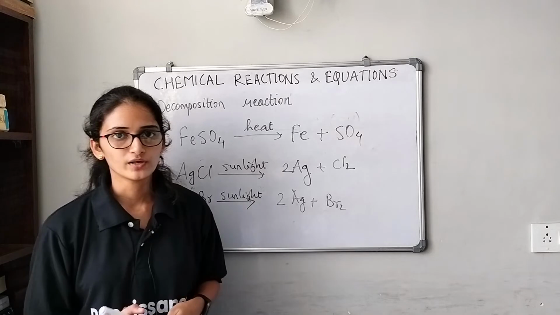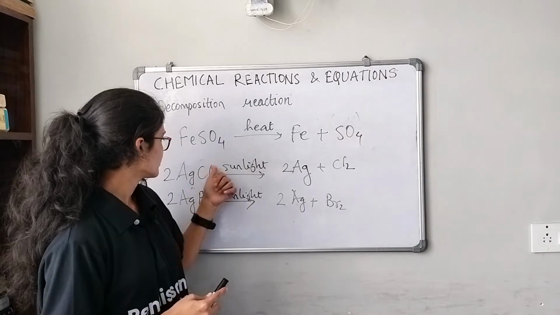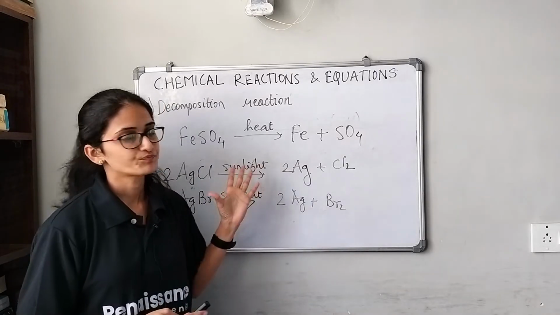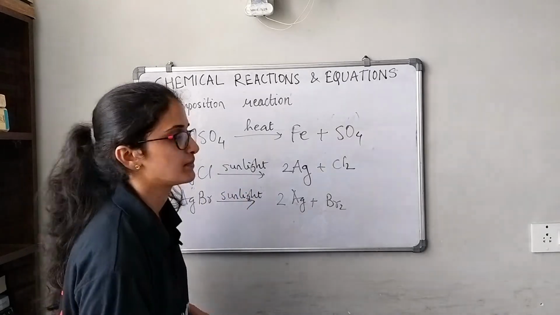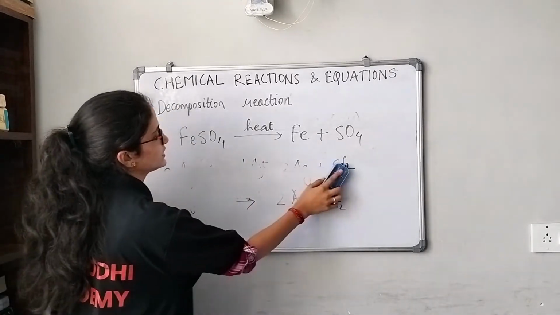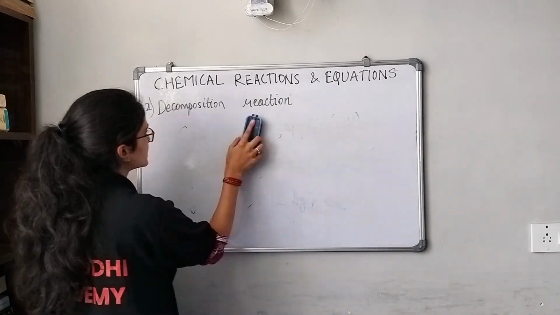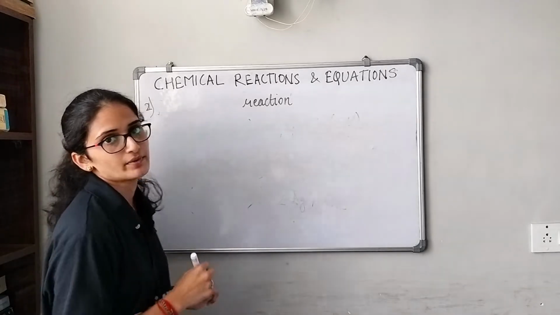So this was all about the decomposition reaction, and an application of it is in photography. These reactions can be used in photography. Now we will see the third type of reaction, which is the displacement reaction.